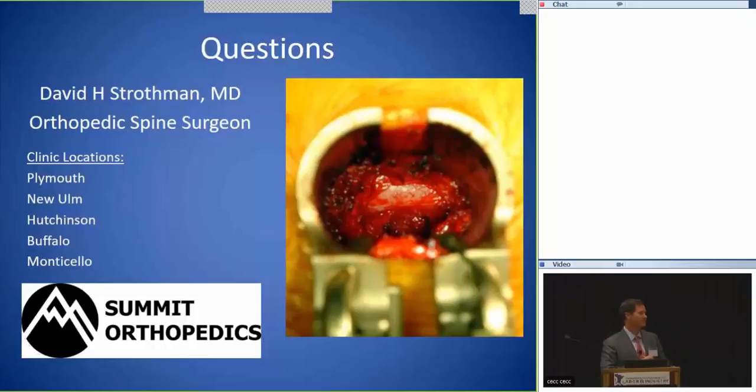Yes? I've been working with patients who have similar symptoms to what you're describing, where the actual MRI might be a little bit ambiguous, but they've got the radicular symptoms. And what I'm seeing is that they have a negative EMG. A lot of IME physicians and even neurosurgeons are saying, well, they're not a candidate at all for surgery.